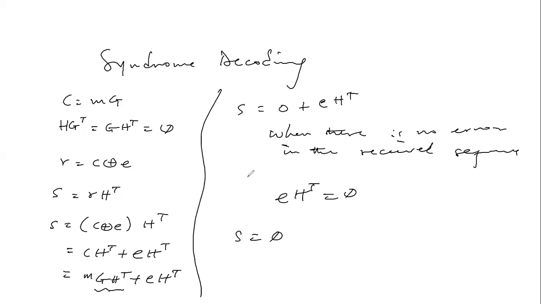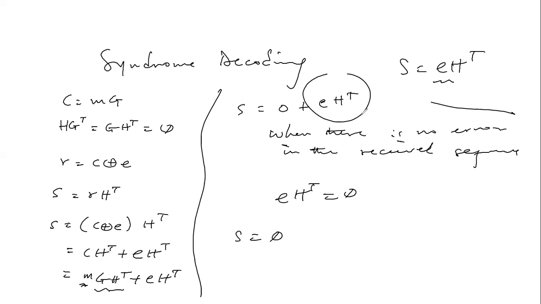Going by this, where the syndrome is the same as E H transpose, it implies that the syndrome depends only on the error pattern, and not on the transmitted message. Another property of syndrome states that all error patterns that differ by a code word have the same syndrome. Once we analyze that, we still come back to this expression.